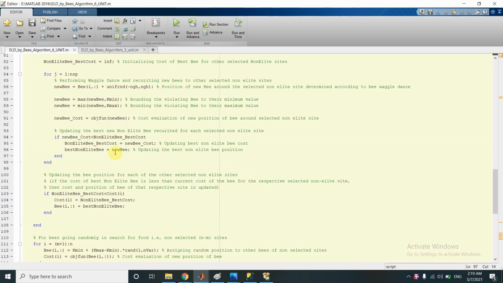And along with updating the non-elite B best cost, we will also update the best non-elite B position. This variable best non-elite B is used to store the position of the best non-elite site B found among all the Bs that were sent to the neighborhood of a particular selected non-elite site.